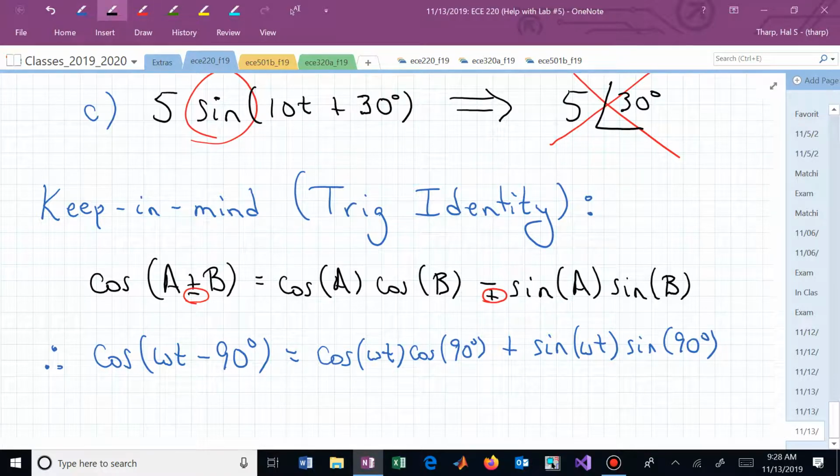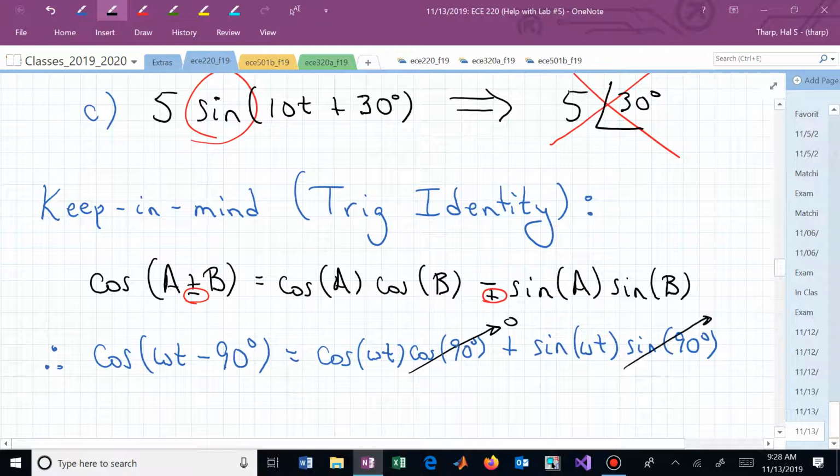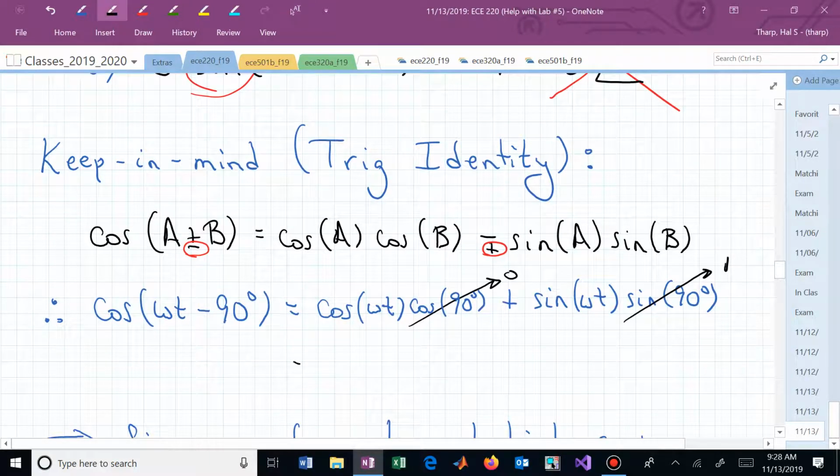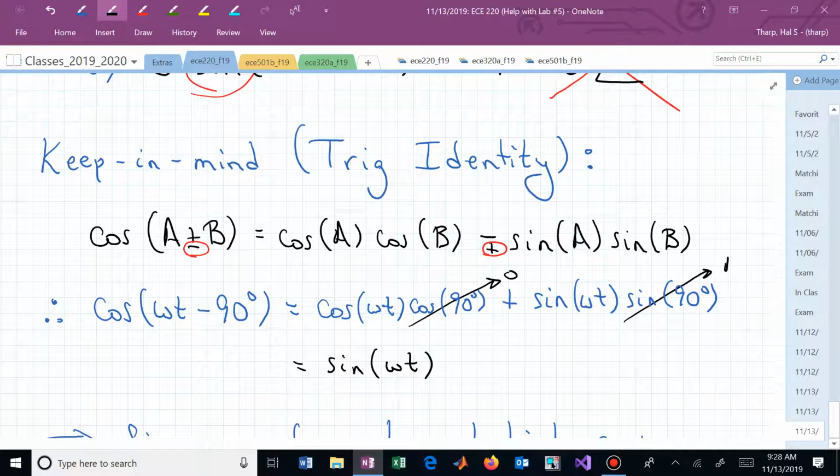What's the cosine of 90 degrees? That one's 0. Sine of 90 is 1. So now we see the connection between cosine and sine. I give you a sine. You say, oh, I'm going to convert that to a cosine. You just take 90 degrees from the argument.